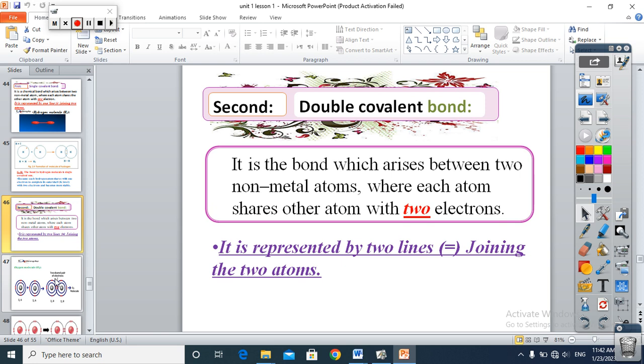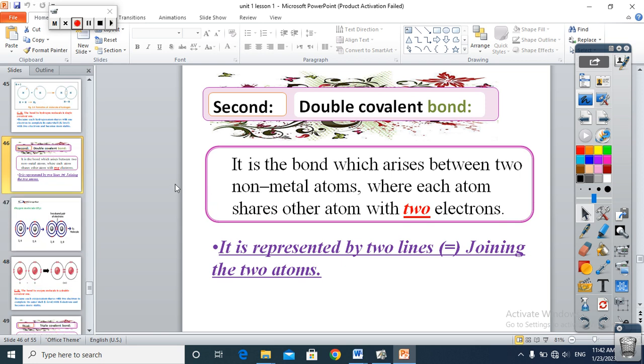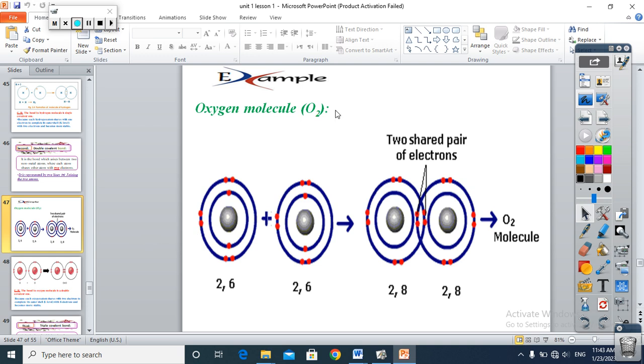What about double covalent bond? It is the bond which arises between two nonmetal atoms where each atom shares the other atom with two electrons. It is represented by two lines, as in oxygen molecule.